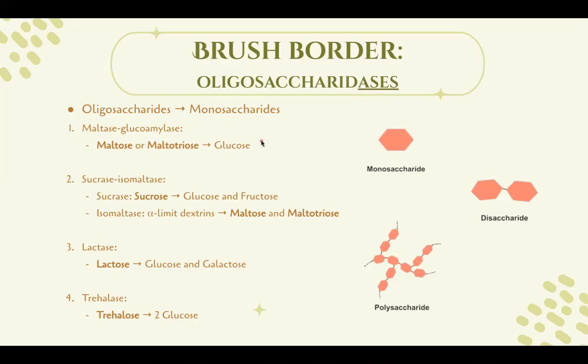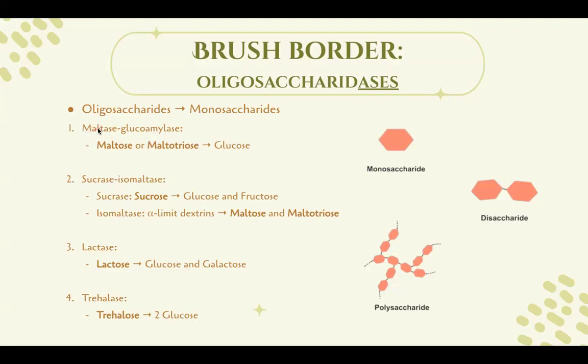So we said that carbohydrates get broken down in the lumen and at the brush border. Now, at the brush border, we have the oligosaccharidases to break down oligosaccharides into monosaccharides. And we have four main oligosaccharidase enzymes. The first one is called maltase glucoamylase, okay? The name is kind of a mouthful, but the first part of it tells you what it does.